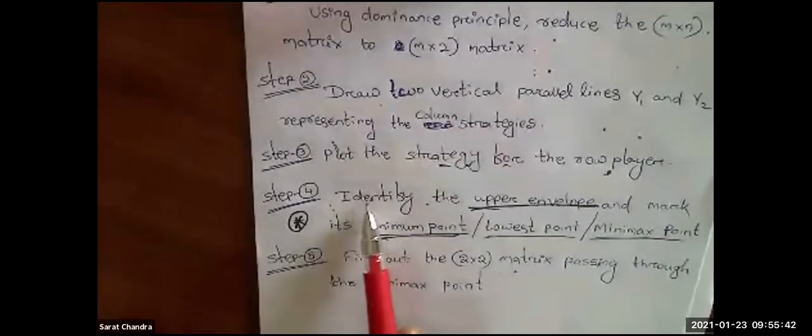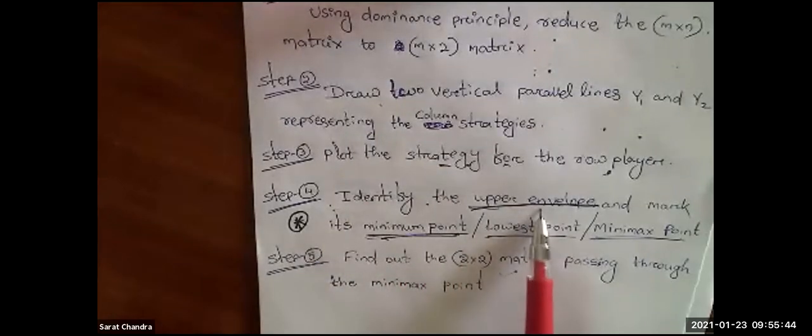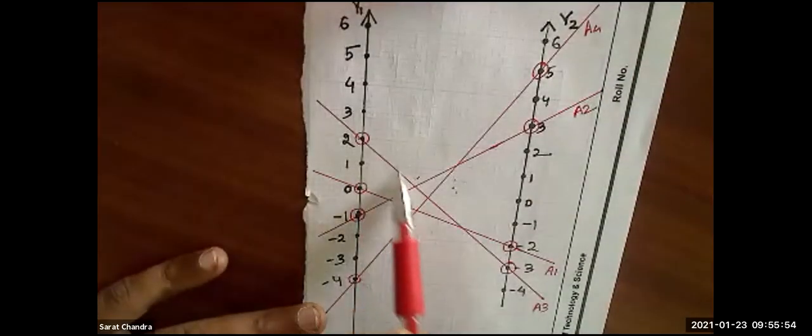Okay, now you remember one thing. If there are two columns, then according to our algorithm, we have to identify the upper envelope instead of the lower envelope. Which one is the upper envelope? You can see this one is the upper envelope.